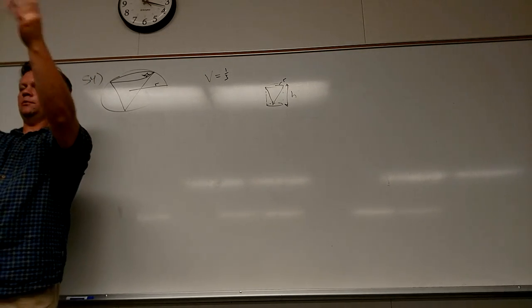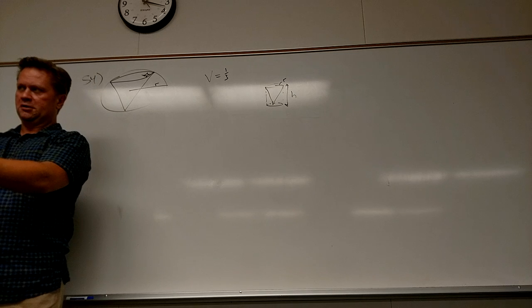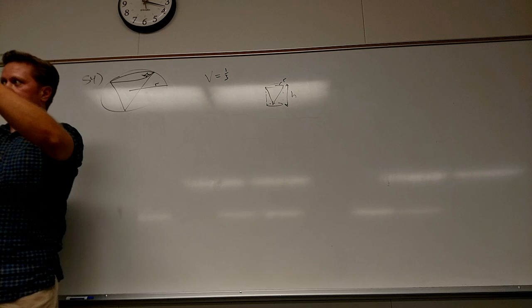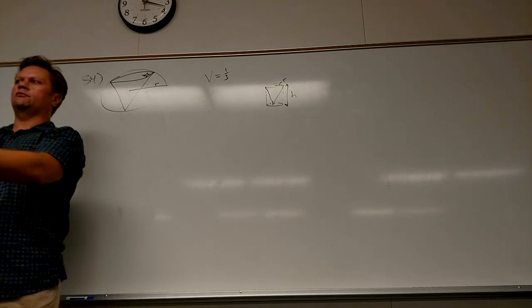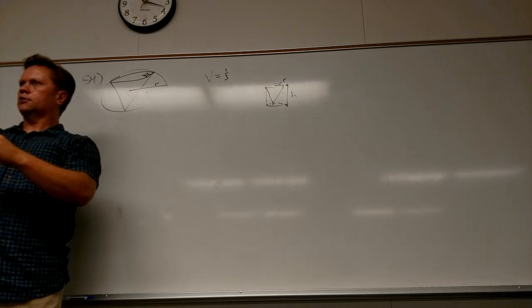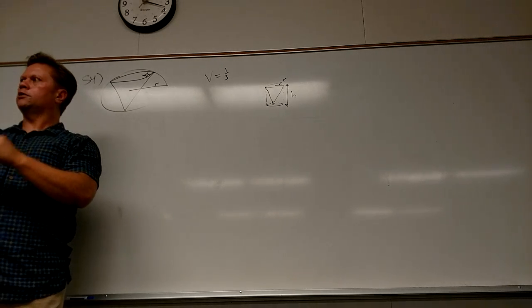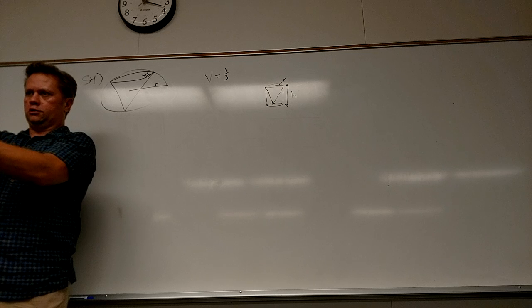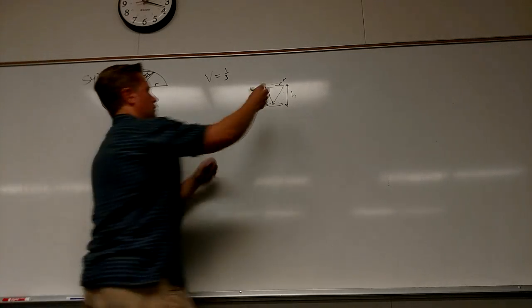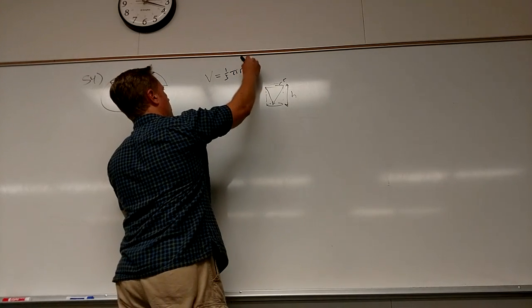A pyramid is cut out of a prism. A cone is the simplest pyramid, believe it or not, officially in mathematics, and is cut out of a right circular cylinder. Cylinder is pi r squared h, so a cone is 1/3 of that, because you leave 2/3 of it. So it's 1/3 pi r squared h.